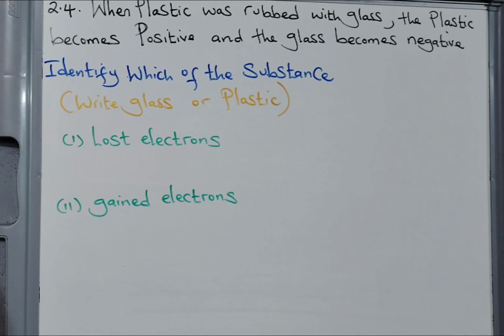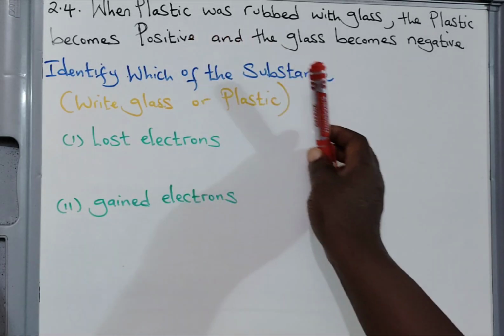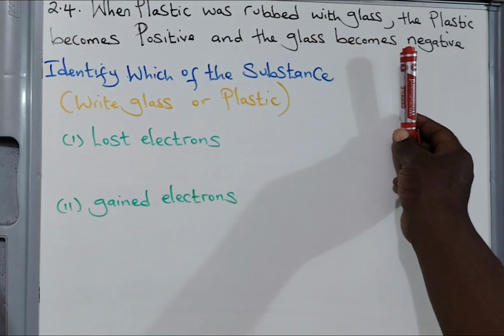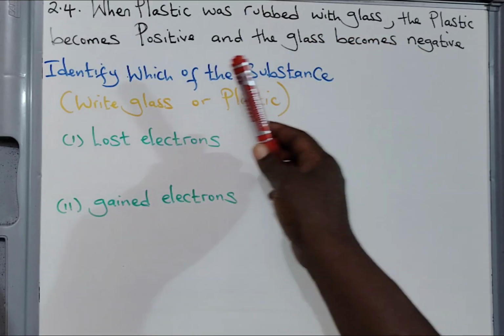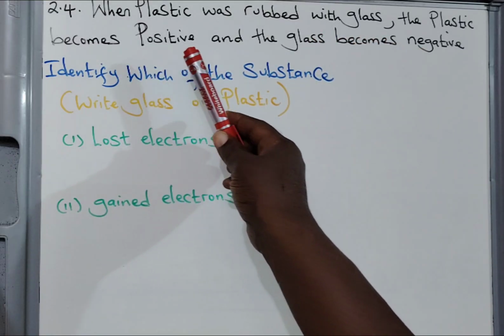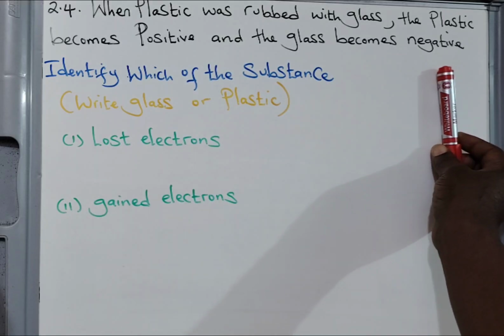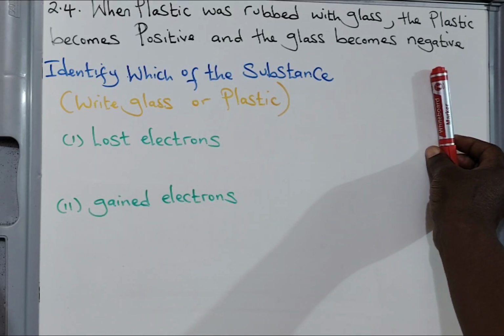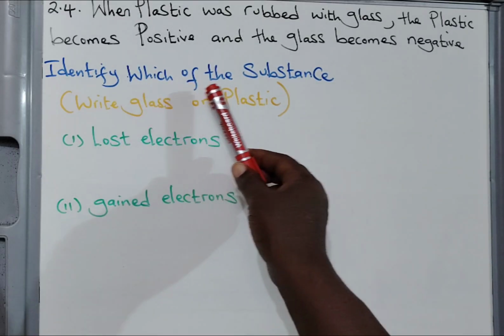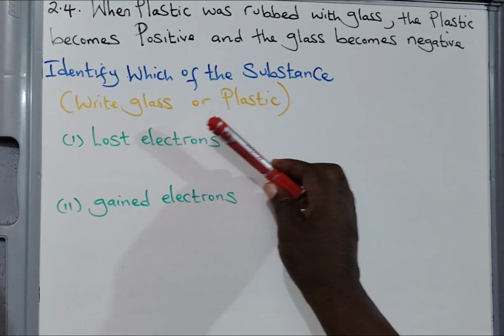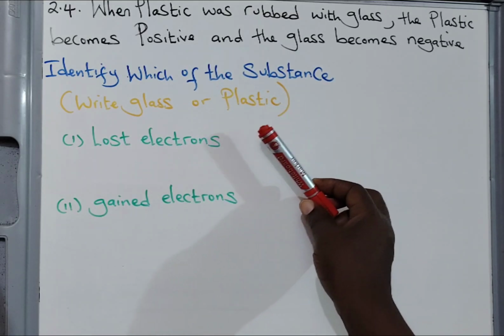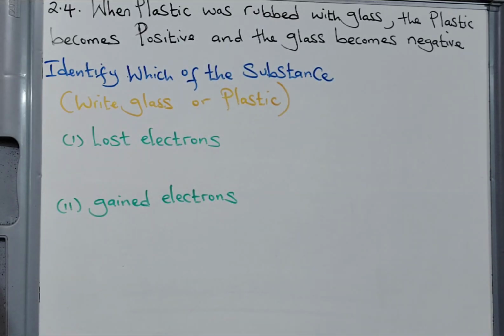Then we come to this one. It says that when plastic was rubbed with glass, the plastic becomes positive and the glass becomes negative. Identify which of the substances, glass or plastic, lost electrons.